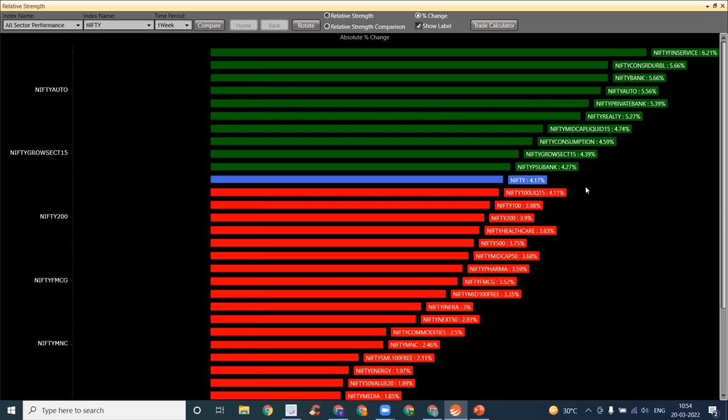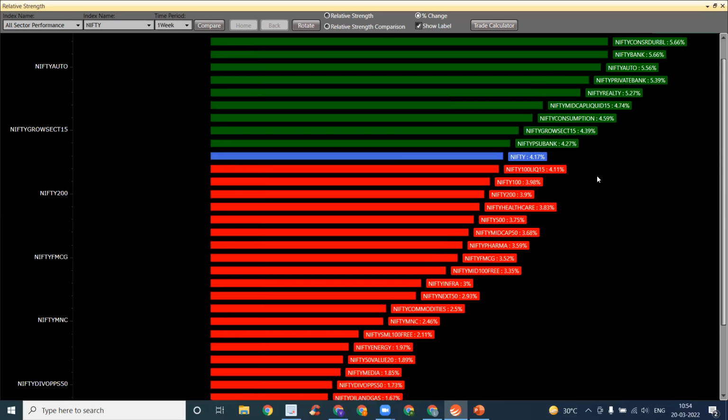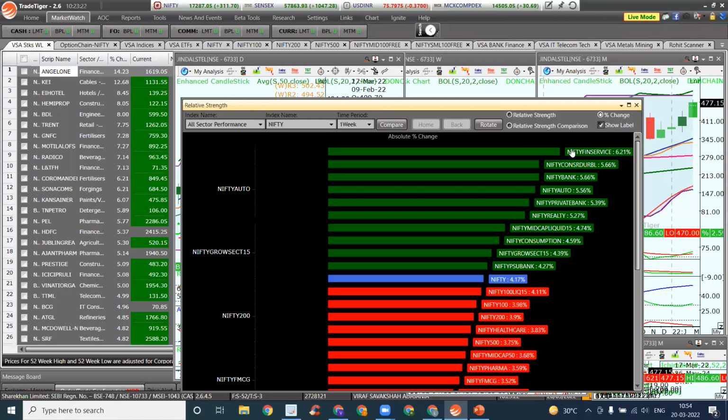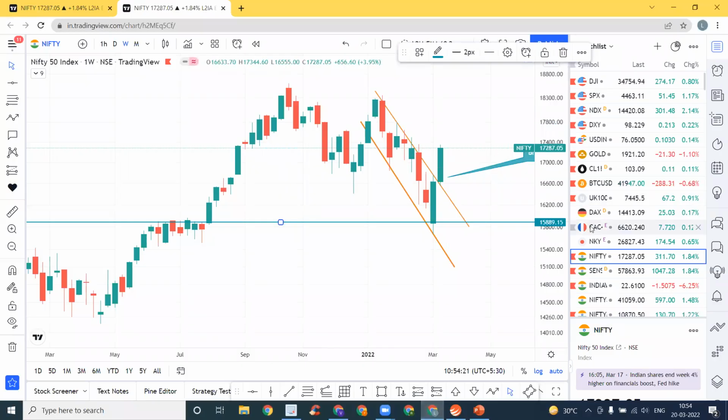Why? Because mid caps and small caps are doing much better compared to my large caps. Okay, in the recent growth, mid caps have started moving a little faster. Okay, that I will be able to show you in this particular place. Okay, you can see here Nifty is there, and there are so many. Here it is.